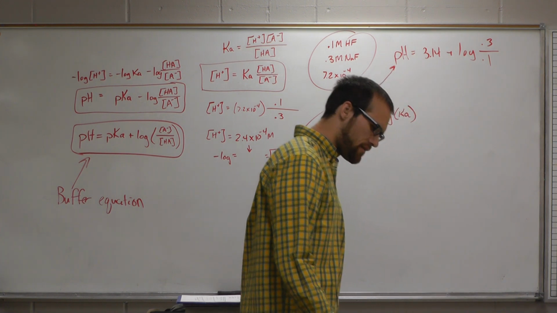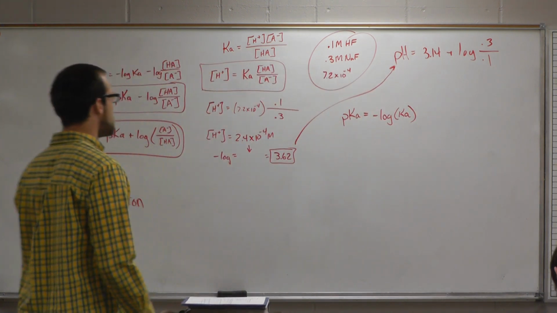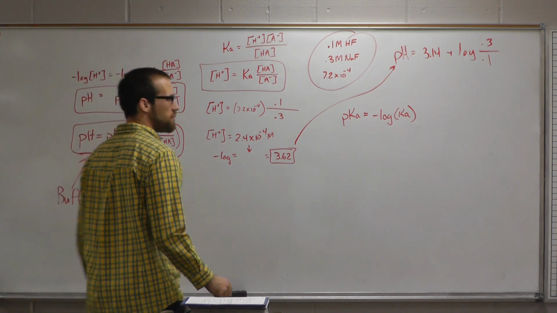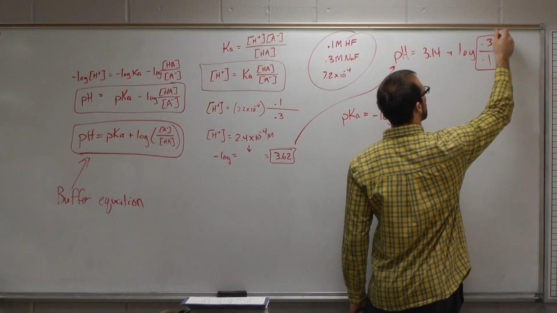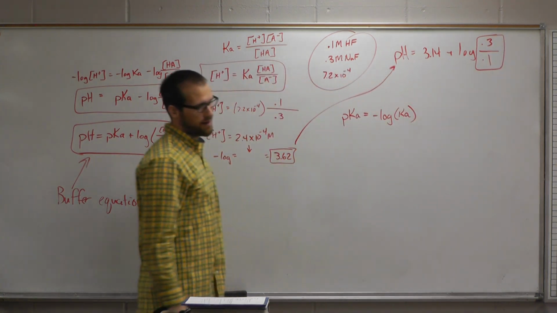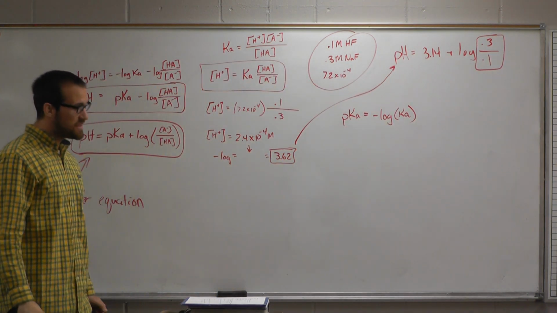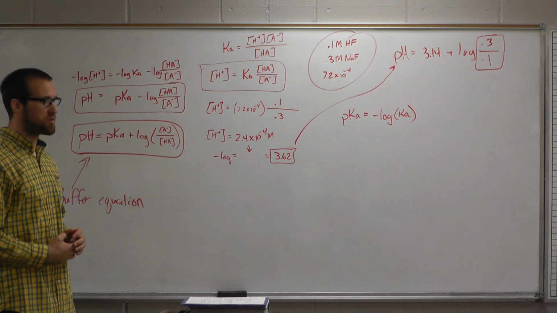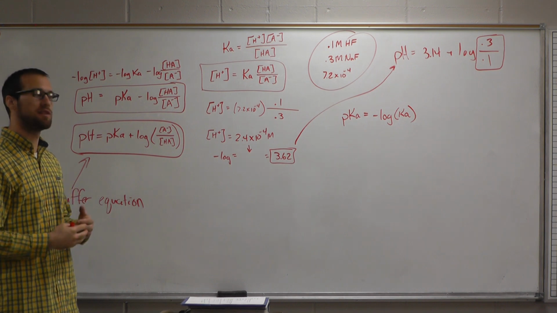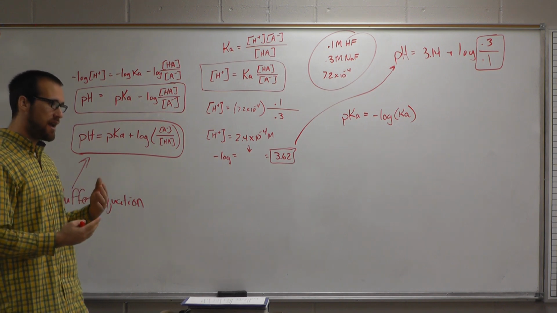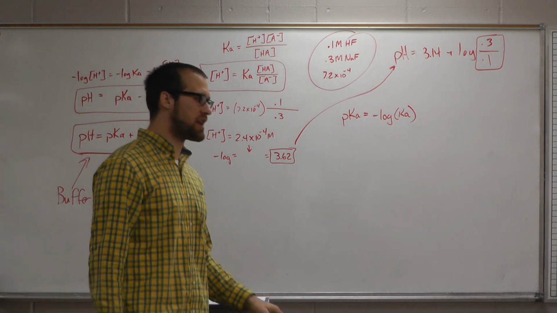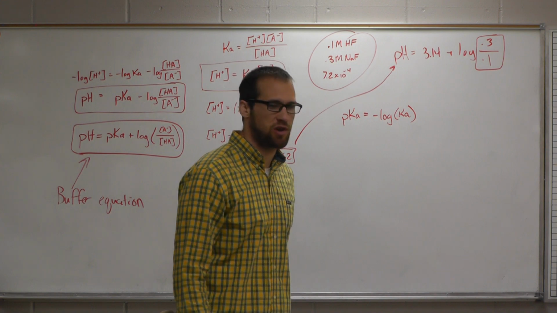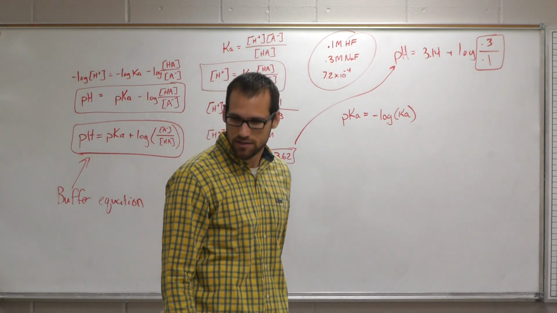I'm surprised it's not in there. What governs the pH is the ratio of your components. Now, to make it a good buffer solution, we tend to want to have the component numbers high and relatively the same. But what governs the pH for a buffer solution is the ratio of your conjugates.